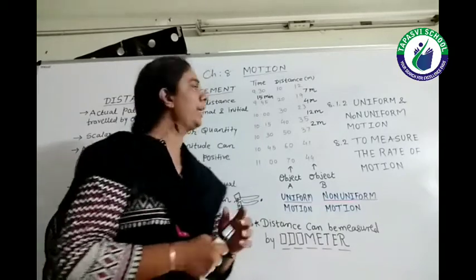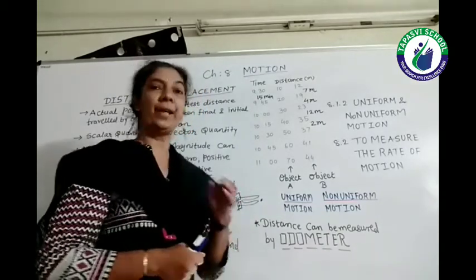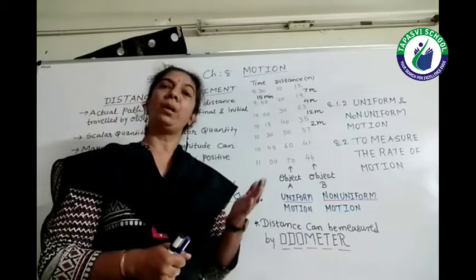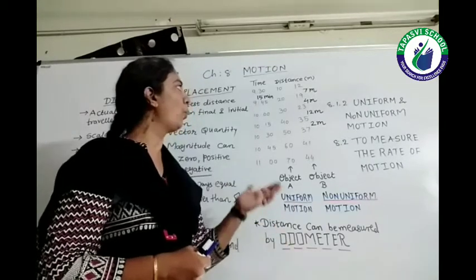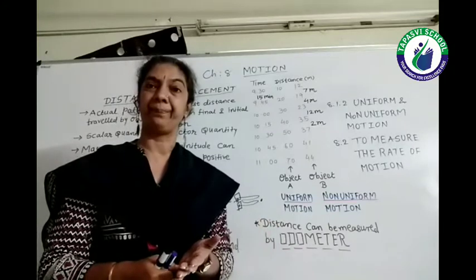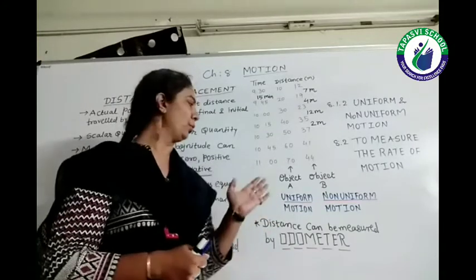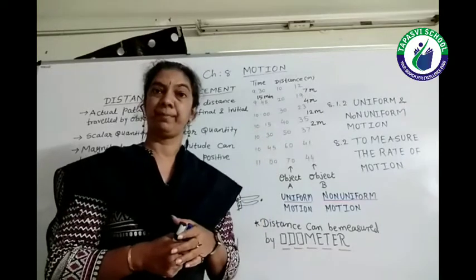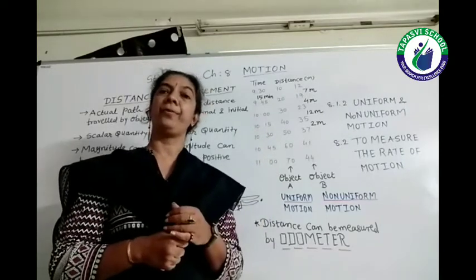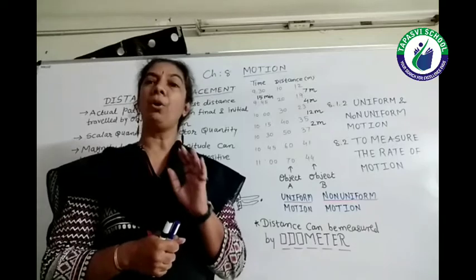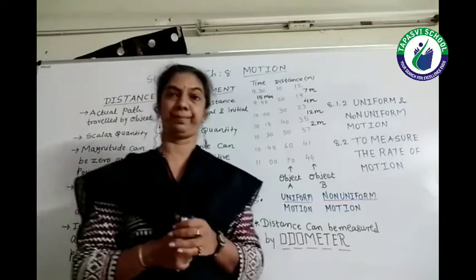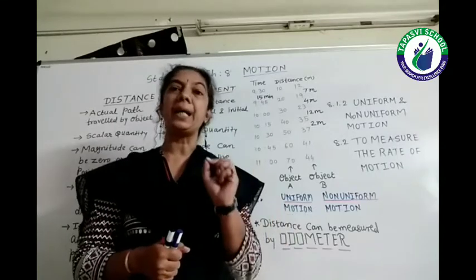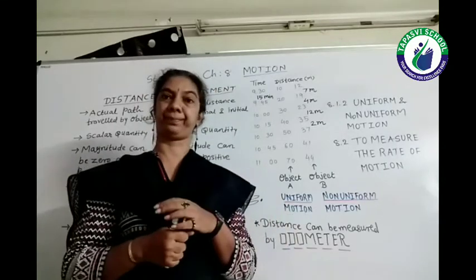I am repeating the definition: if an object is traveling unequal distances in equal intervals of time, that motion is known as non-uniform motion. In practical life, we always have non-uniform motion. Uniform motion is an ideal concept.